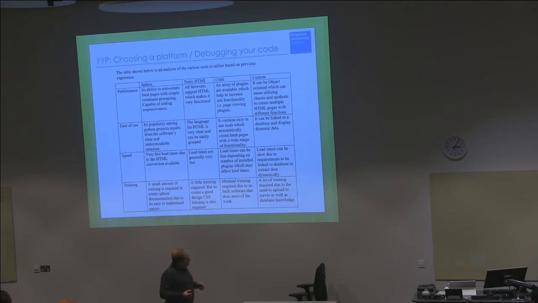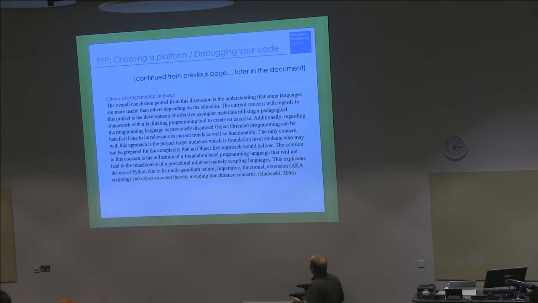Ultimately, it's a presentational thing. What I don't mind about that is they compress quite a bit of information into a small amount of space, but it would need more work. It's a style choice. This is continued from the previous page, later in the document.